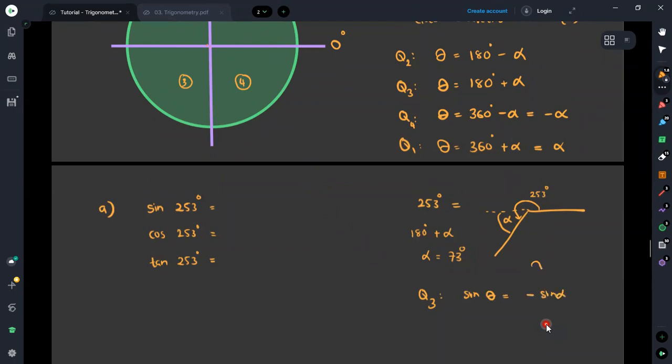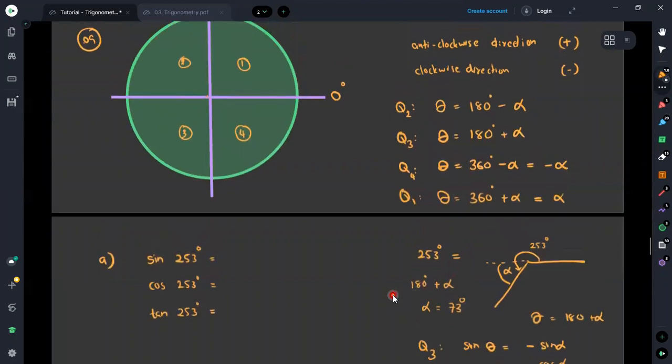If you are using theta equals 180 plus alpha, then cosine theta is equal to minus cosine alpha, and tangent theta is equal to tangent alpha. And this is also combined with the quadrant rule that we have discussed. In the first quadrant, all three functions are positive. Then in the second quadrant, sine will be positive. Here, tangent will be positive, and in the fourth quadrant, cosine will be positive.